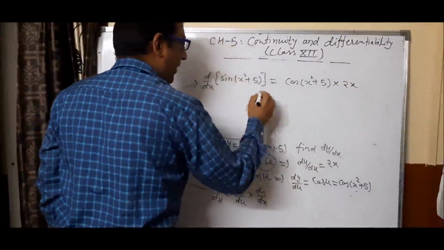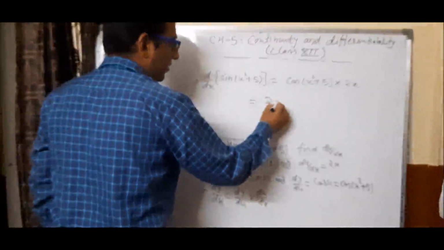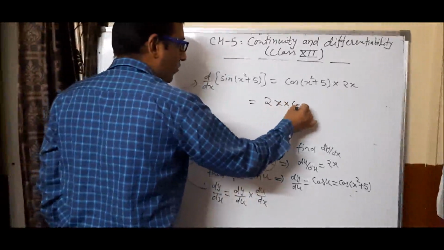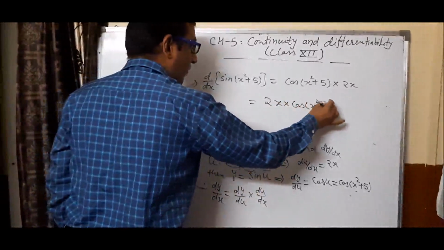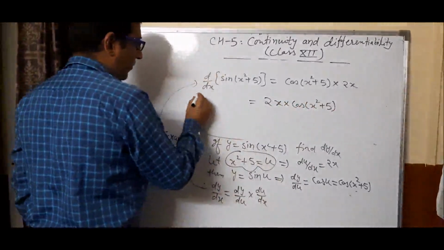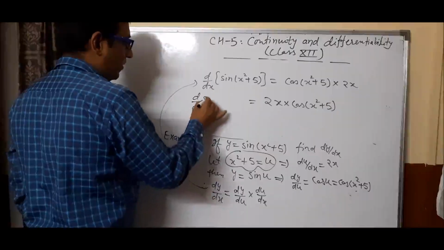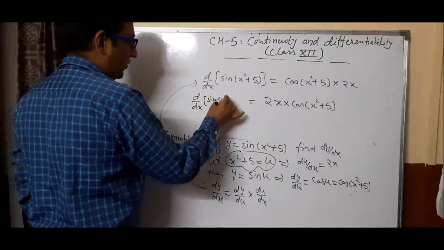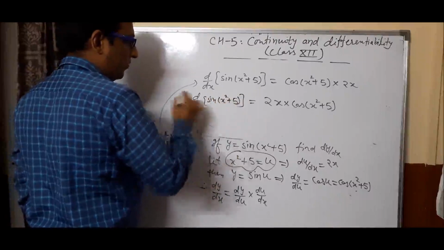When we rearrange it, we get 2x into cos of x square plus 5. So this is the differentiation of the given function by chain rule.